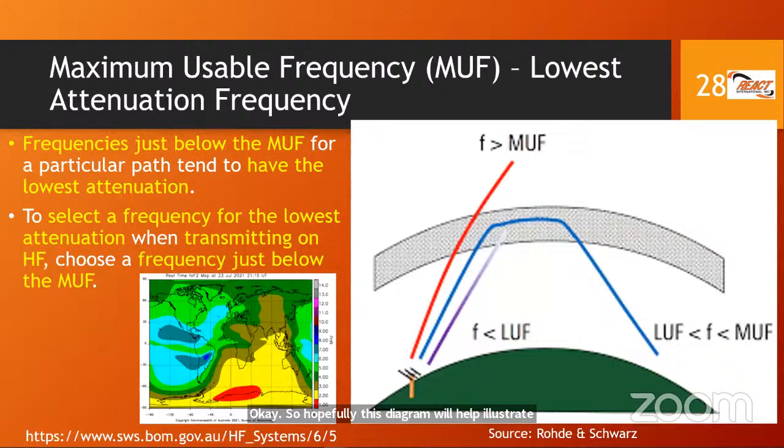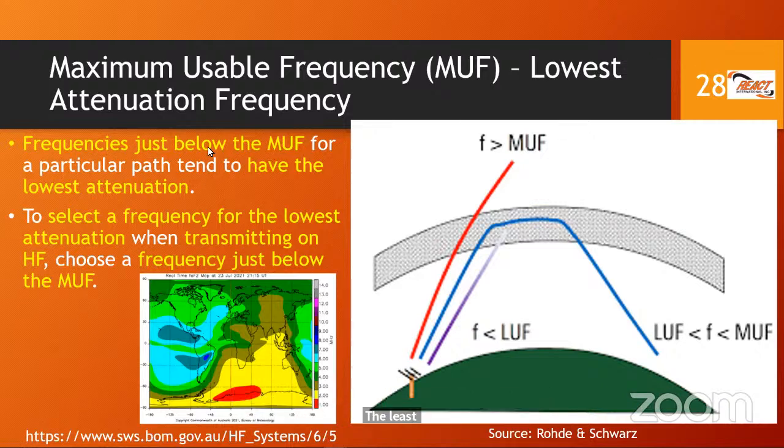Okay, moving right along. Remember we did mention a little while ago that when you're choosing a frequency to communicate on, frequencies just below the maximum usable tend to have the lowest attenuation. So those are good frequencies to choose because they will be attenuated, or reduced, the least amount compared to any other frequency.